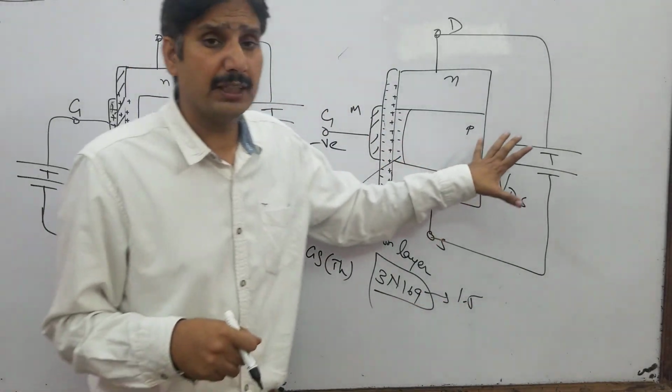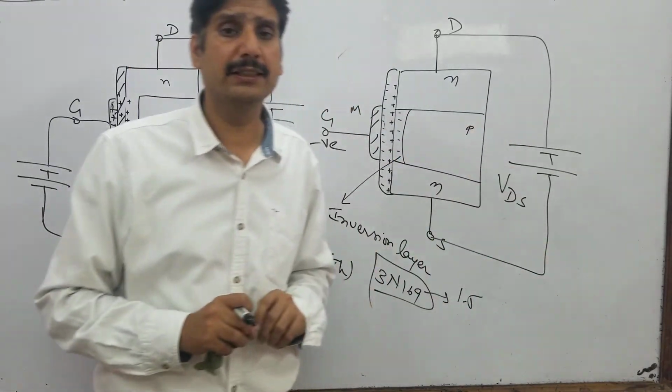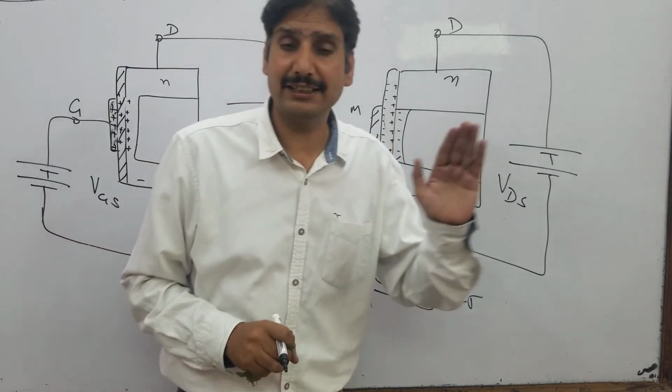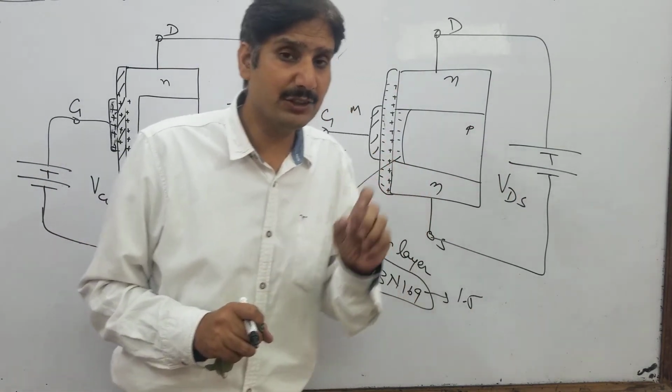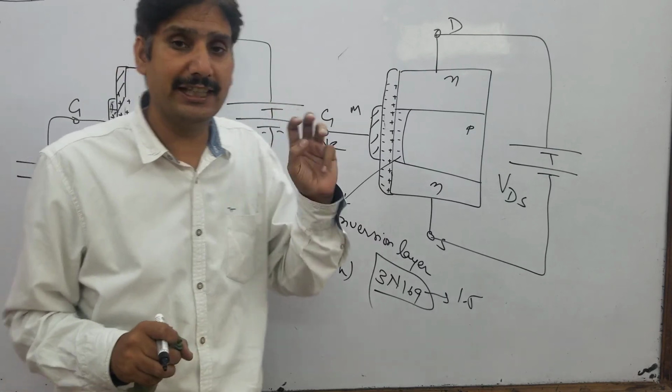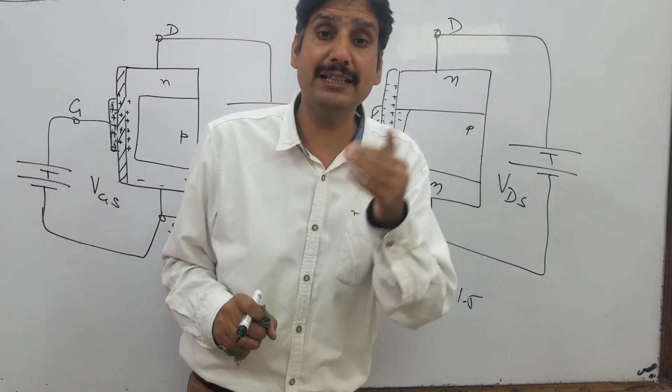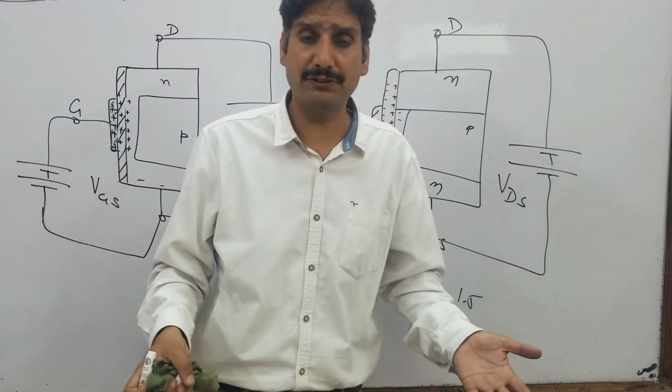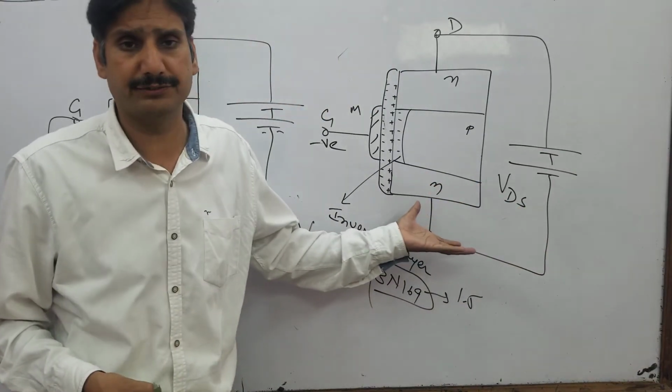And for enhancement type MOSFET, there is no physical layer connecting the source and drain, and when you apply sufficient positive voltage to the gate, only then an inversion layer will develop and it will start connecting, otherwise it will remain off. That means it is normally off.